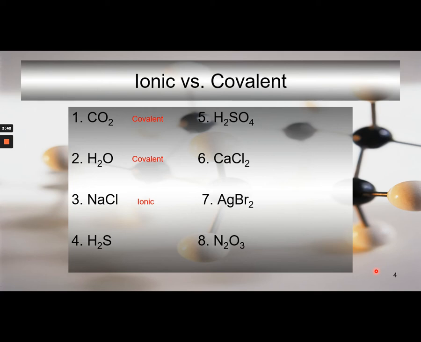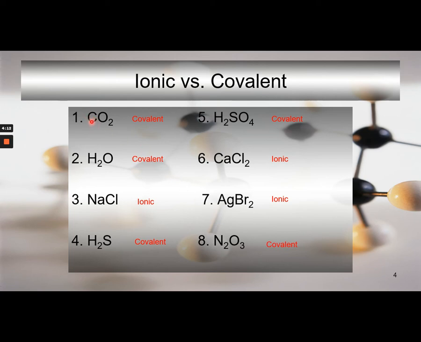Ionic or covalent? Covalent. Sulfuric acid, number 5. Ionic or covalent? Covalent. Calcium chloride, ionic or covalent? Ionic. Silver bromide. Ionic. And number 8, dinitrogen trioxide, is covalent.